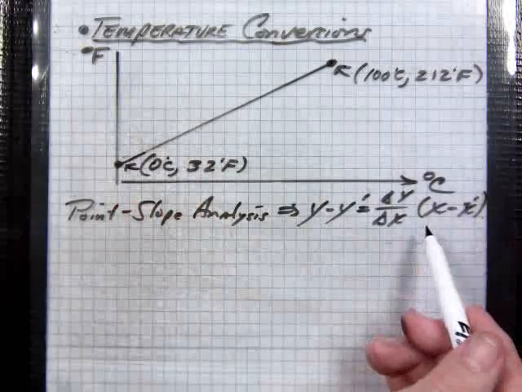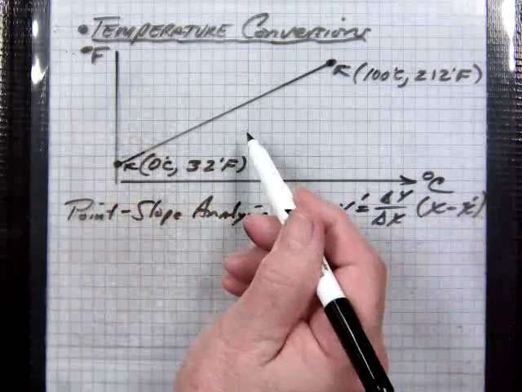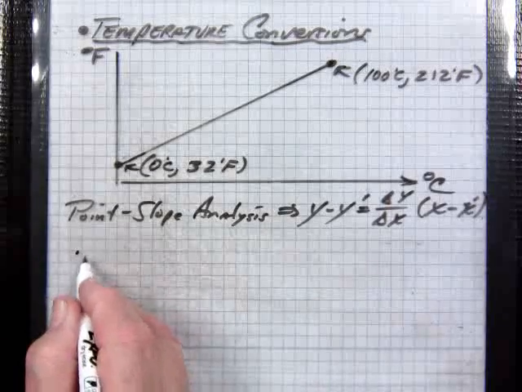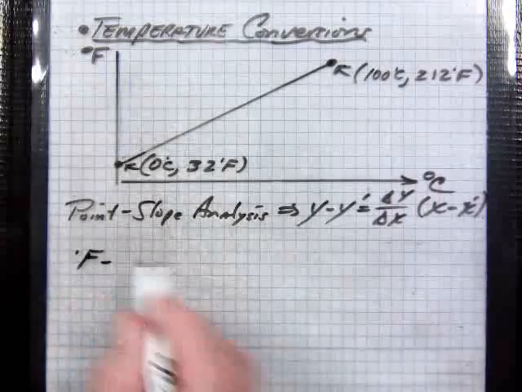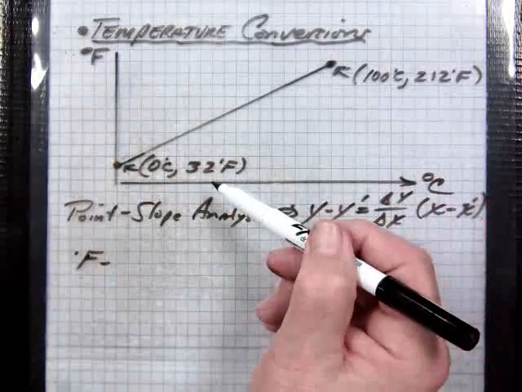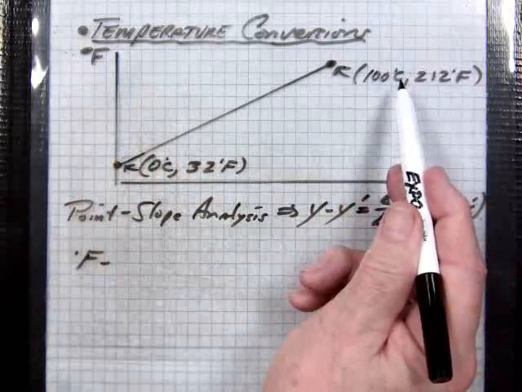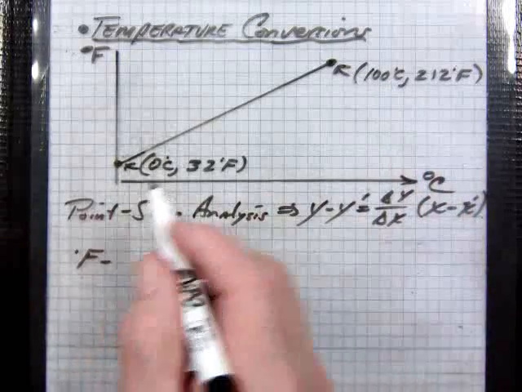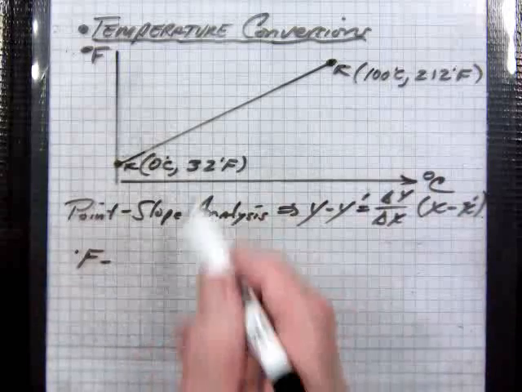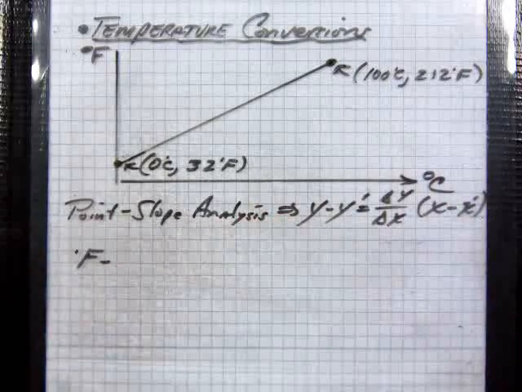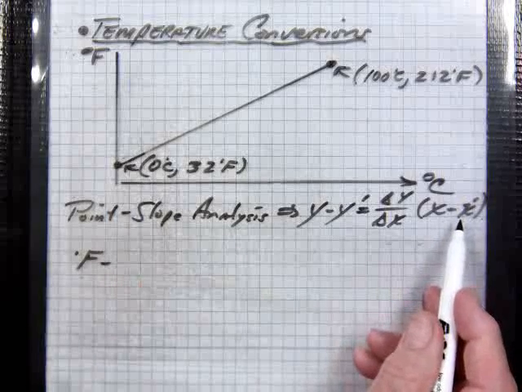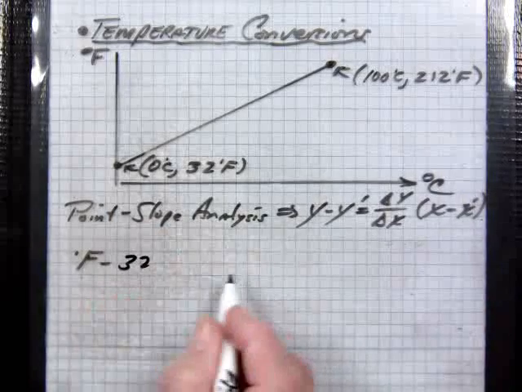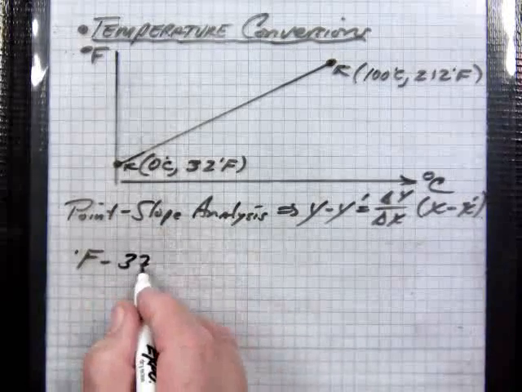Well, when we translate this relationship into the graphic that I've written up here, we have degrees Fahrenheit minus whatever a given value is. Now, I'm using the freezing point and the boiling point of water as the corresponding points in here. So starting with Fahrenheit, I'm going to use the freezing point because it has a 0 in it, and it makes this side of the calculation a lot easier. So I'm going to use the freezing point number, so that's minus 32 right there, for the Fahrenheit side.